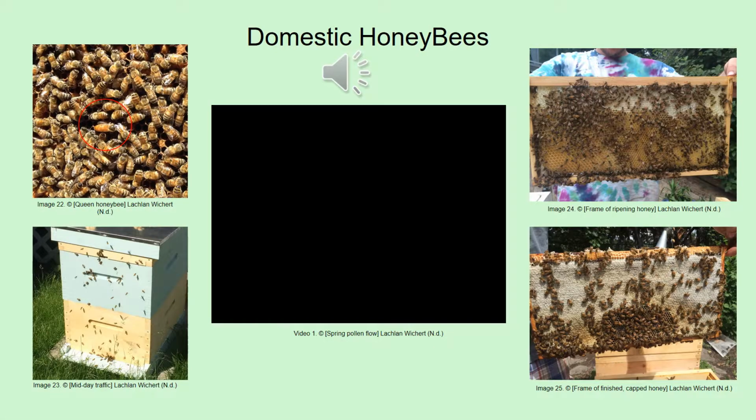The domesticated pollinator we'll be talking about today is the European honeybee, which comes from Europe. These are the bees that produce all the honey and pollen and beeswax that we use in products.